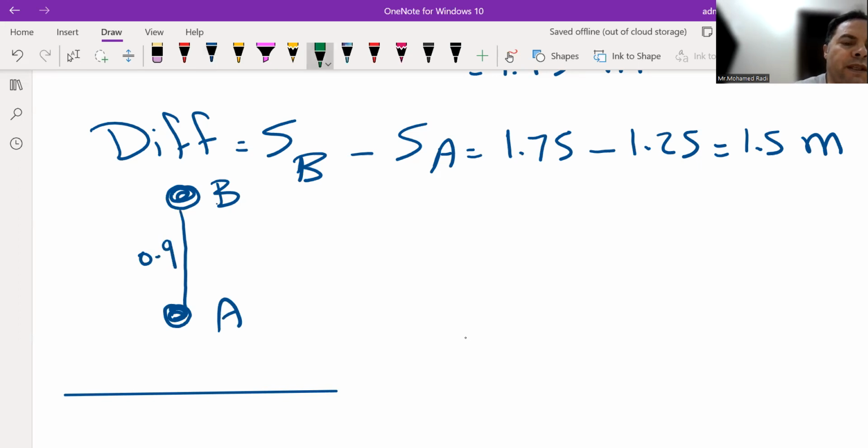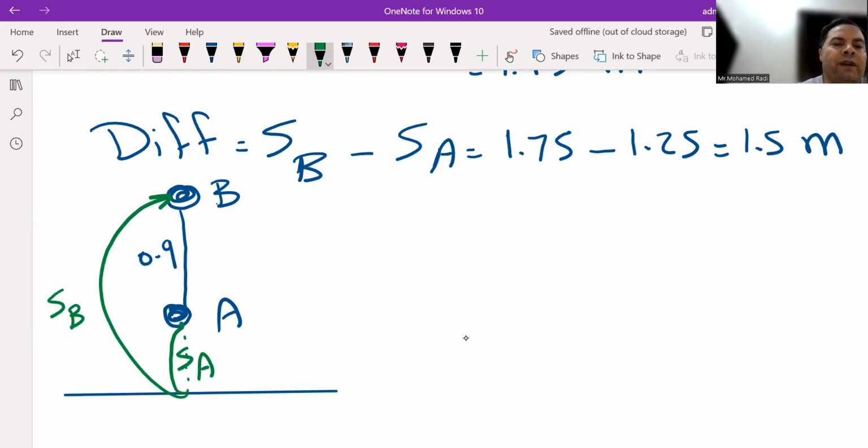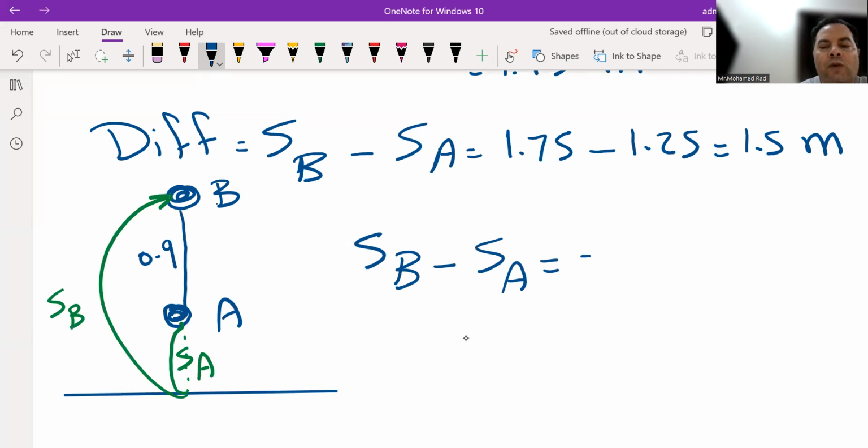So the distance covered by B and the distance covered by A, the difference in between, let's say this is SB and this is SA. So SB minus SA is equal to 0.9.